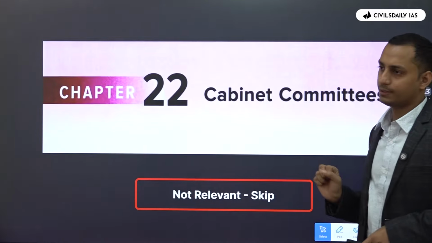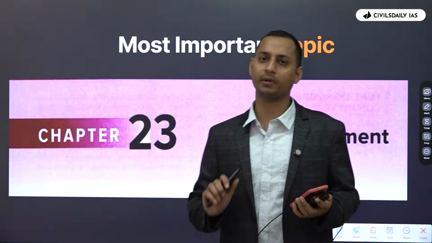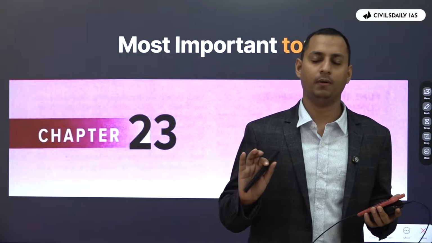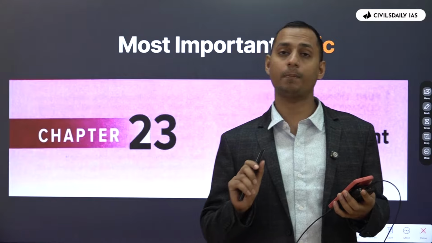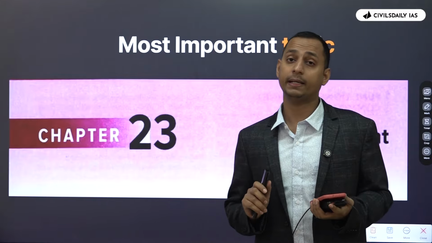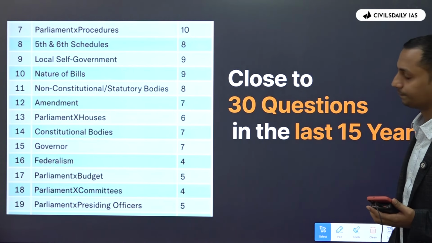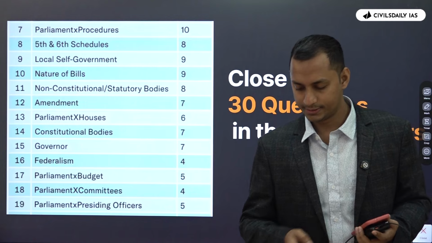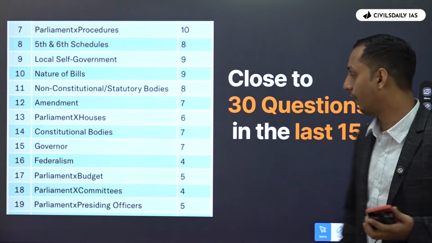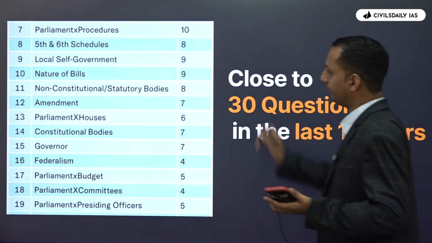Now, cabinet committees, Parliament is the most important area out there. Okay. Close to 30 questions have been asked by UPSC in the last 15 years. That's like 2 questions in a year. So as you can see here, since so many questions came, we have divided the portion of Parliament into 3 here.